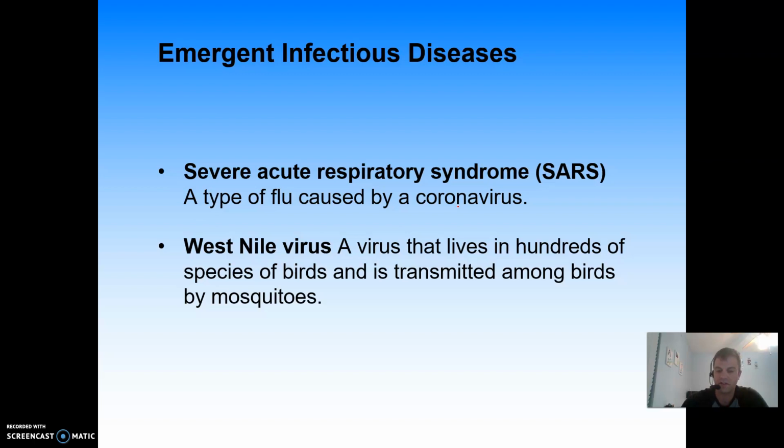The one that we're currently seeing is SARS COVID-19. So there have been other SARS epidemics, but none near as widespread as COVID-19. And the West Nile virus is a virus that lives in hundreds of species of birds and is transmitted among birds by mosquitoes and then can transfer to humans via the birds and the mosquitoes.